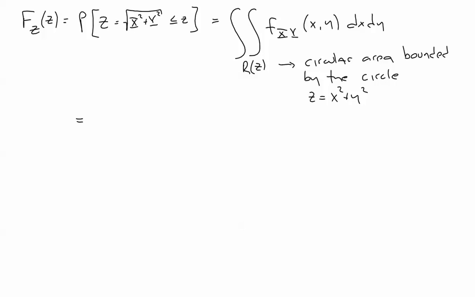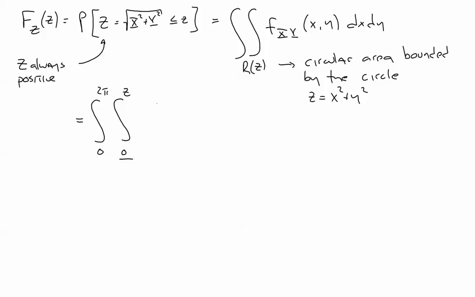This can be written in polar coordinates as integral from 0 to 2 pi, integral from 0 to z. And by the way, you'll notice here that z, in this case, is always positive. All right? That's why I'm going to integrate radially from 0 up to z.